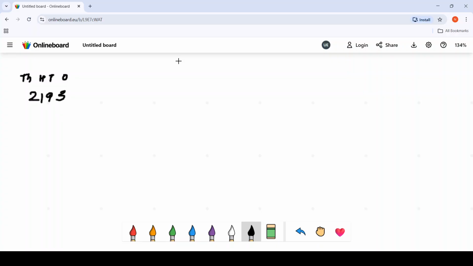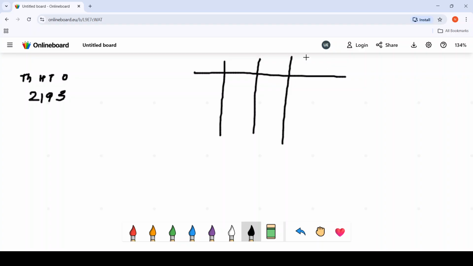We need a table, and we need 4 columns. We will start from the rightmost column. We will write ones, then comes tens, then comes hundreds, and then comes thousands. Okay, let's write hundreds more clearly.